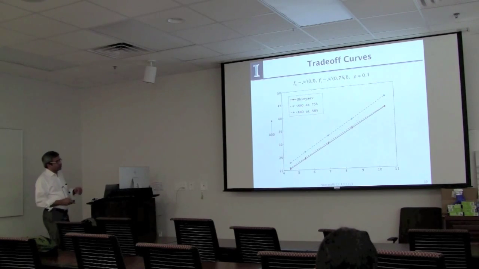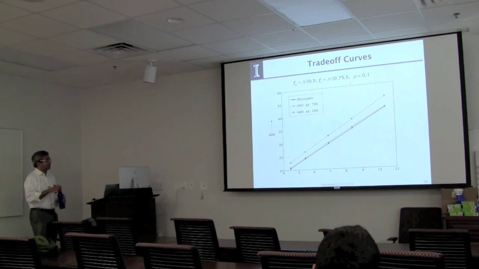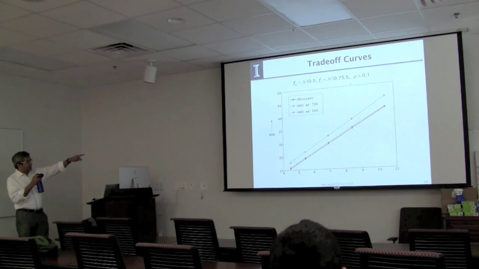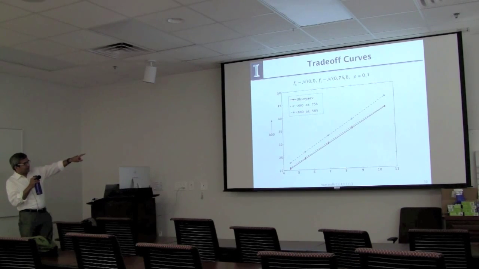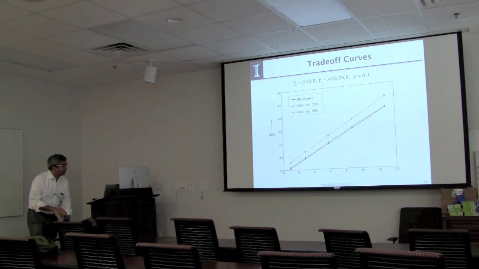But here are some results that show how this test performs. These are trade-off curves for delay versus false alarm rate for different values of constraint on ANO. So ANO 75% means that I'm using 75% of the observations that the Shearer test would use to achieve the same false alarm rate.